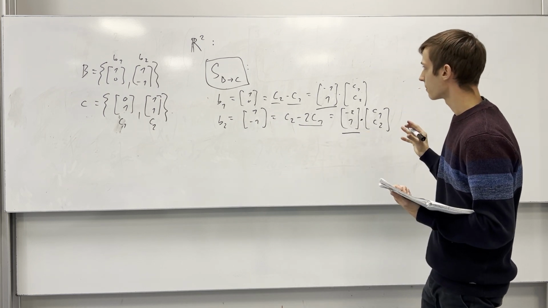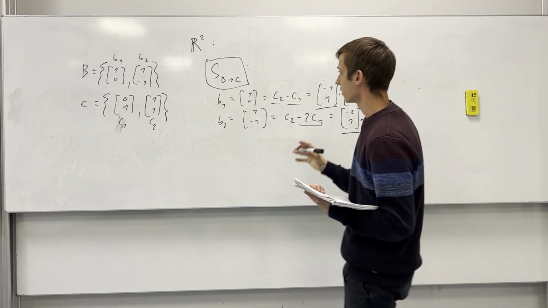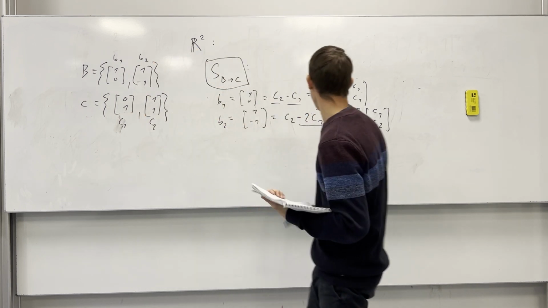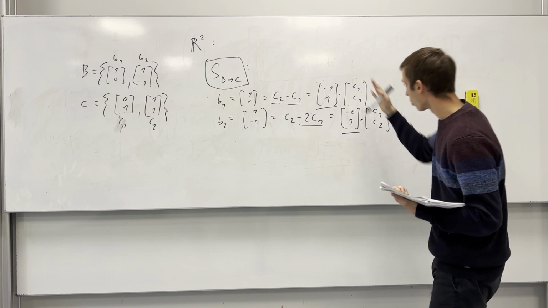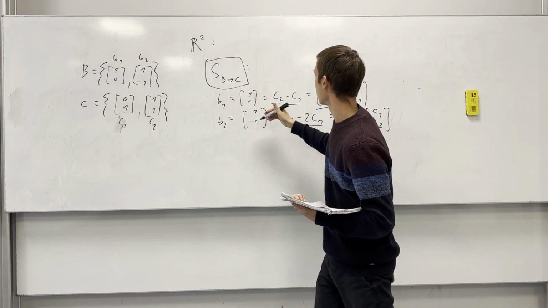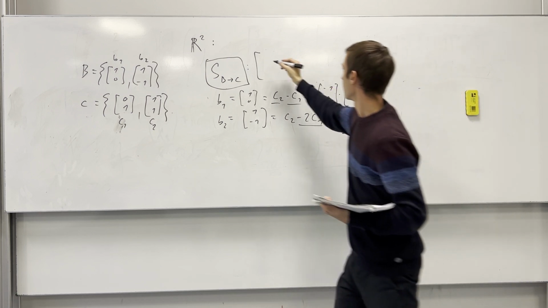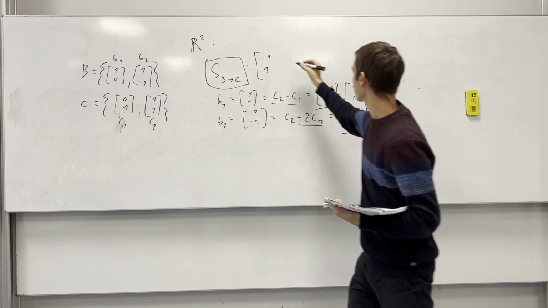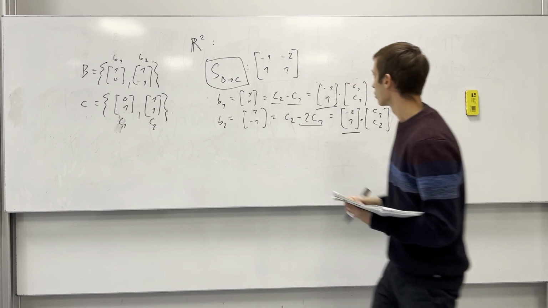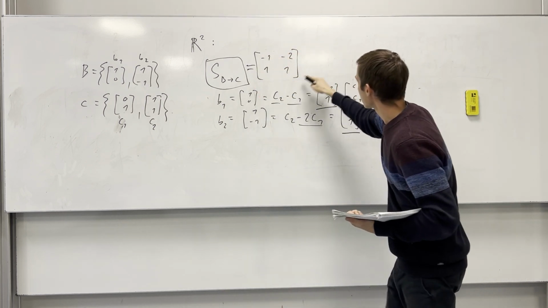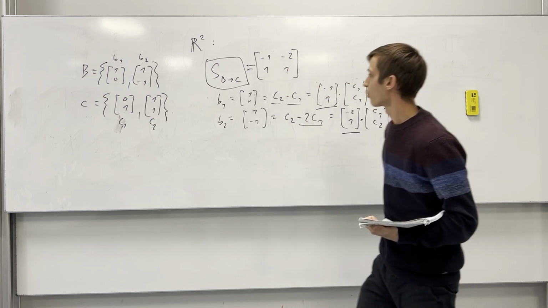In other words, the vectors that took us from B1 and B2 respectively into C, and put them as columns of this matrix. So this matrix will be, just take these two vectors here: minus 1, 1, and minus 2, 1. So this matrix is the change of basis from B to C.